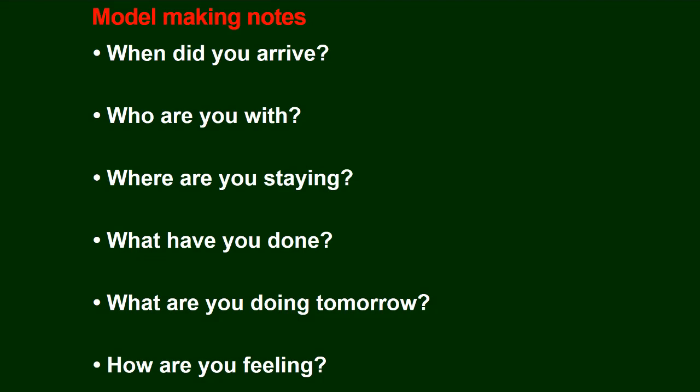And now model making notes. Okay, this is very important. You can write these answers on your notebook or on your book and you can use them in the classroom. Model making notes. When did you arrive? I have just arrived. Who are you with? I am with my friend. Where are you staying?